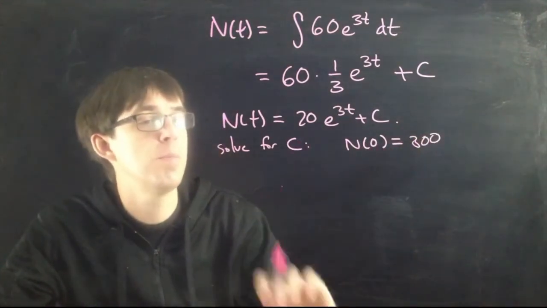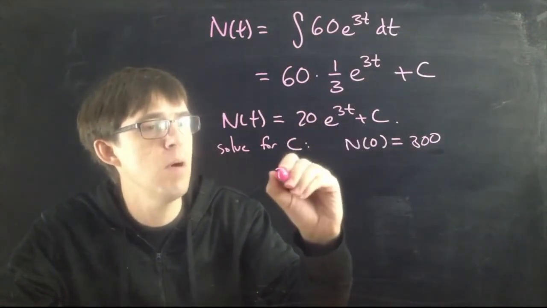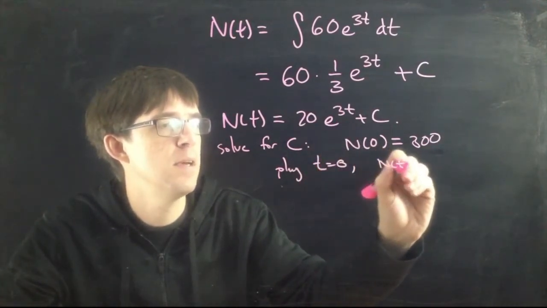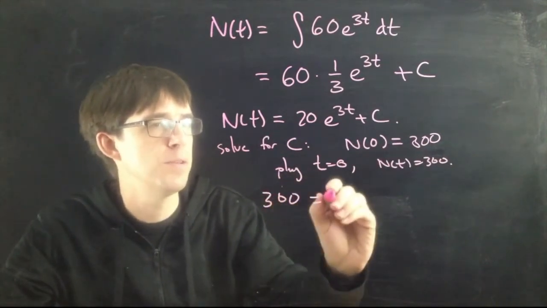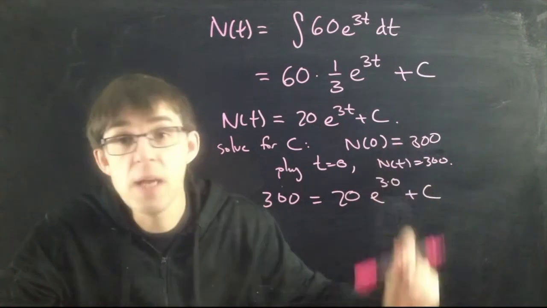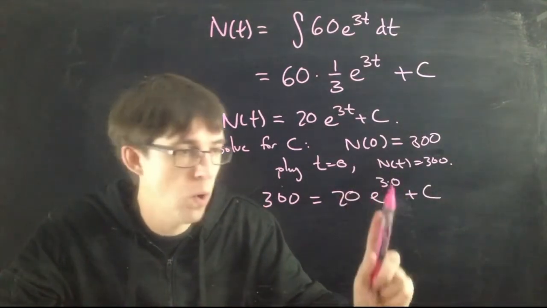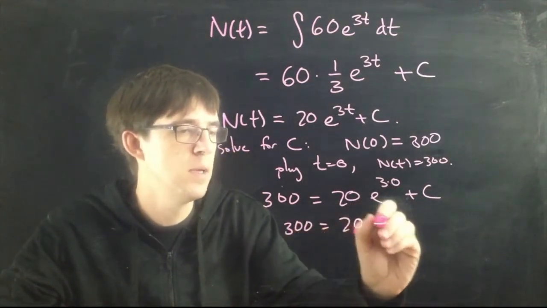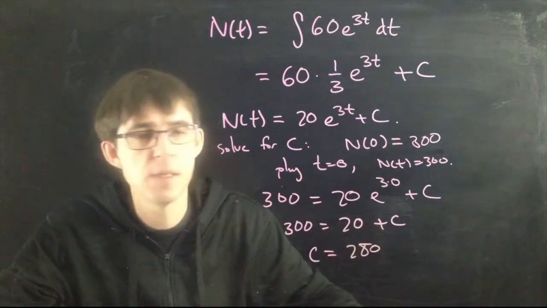In order to solve for c using this information, I plug in t equals 0. N of 0 equals 300, so 300 equals 20 e to the 3 times 0 plus c. E to the 0 is 1, so this says 300 equals 20 plus c, and solving for c, I get 280.